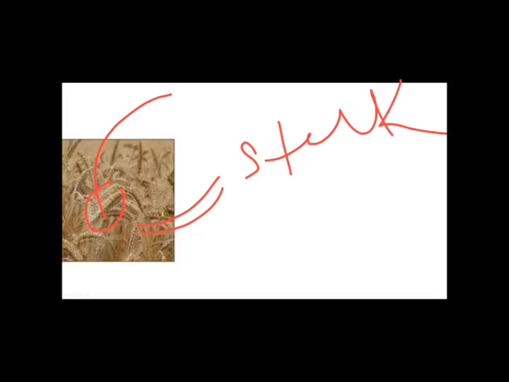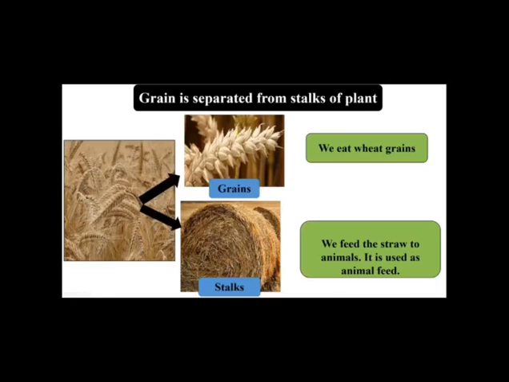After harvesting, we separate these grains from the stalk. We get wheat flour from these wheat grains, and the stalks are generally useless for us, but they are very useful for animals and we feed the straw to the animals.